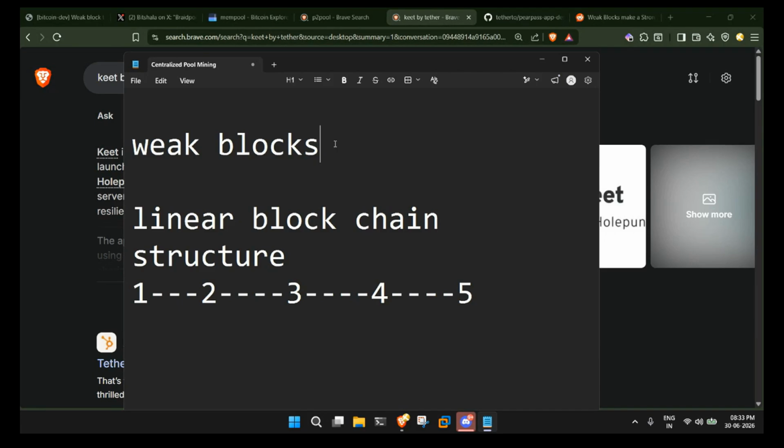They will make it an easier target, and the miner will find those. Because in normal Bitcoin, it is a single chain, one block after another, right? And here also in P2Pool, one block after another, but those are weak blocks, not the successfully mined blocks.